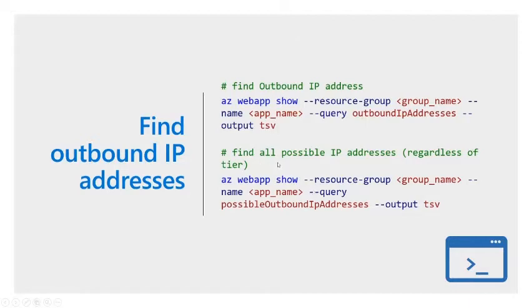And to find out all possible IP addresses regardless of tier, az webapp show, resource group name and the name of the web app, and in the query you say possibleOutboundIpAddresses, output type TSV. So regardless of tiers, you can see all the possible IP addresses, and here you see the actual ones with query outboundIpAddresses.